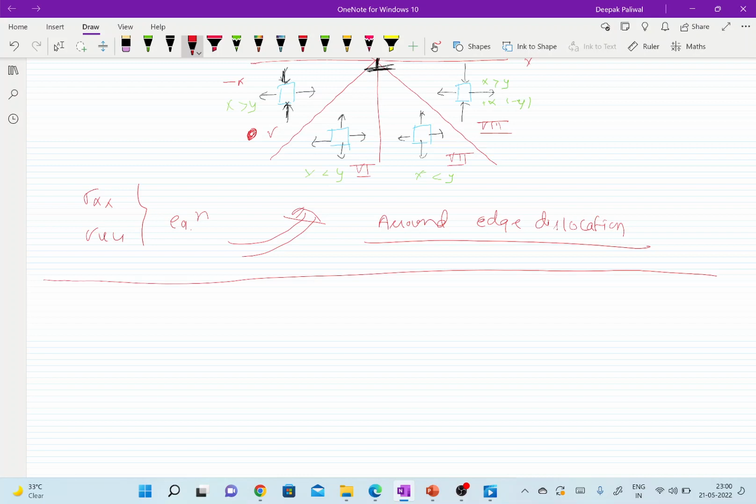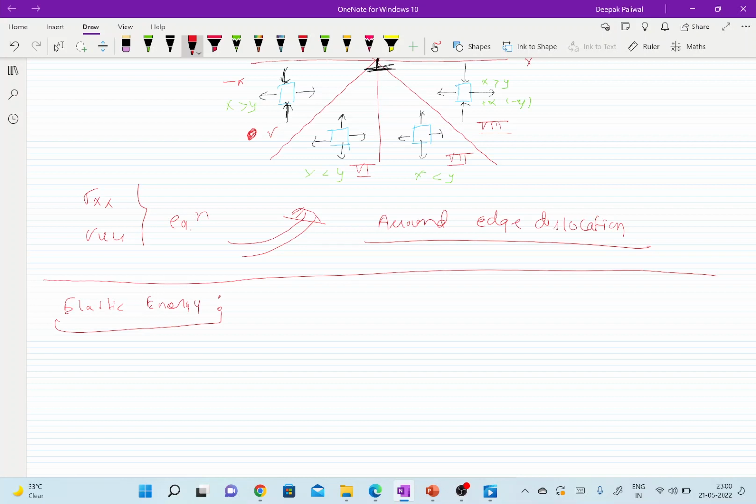Now, elastic energy from the beginning: what we mean by elasticity is that whenever we apply the load, the material will deform, and when we remove the load, the material will come back to the original shape and size. So we are talking only about this region. So we want to calculate the elastic energy of dislocation.